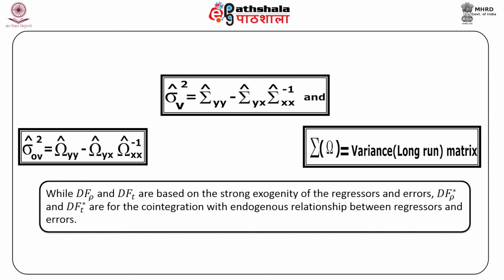While DF_ρ and DF_t are based on the strong exogeneity of the regressors and errors, DF_ρ* and DF_t* are for cointegration with an endogenous relationship between regressors and errors. For the ADF test, we can run the following regression.